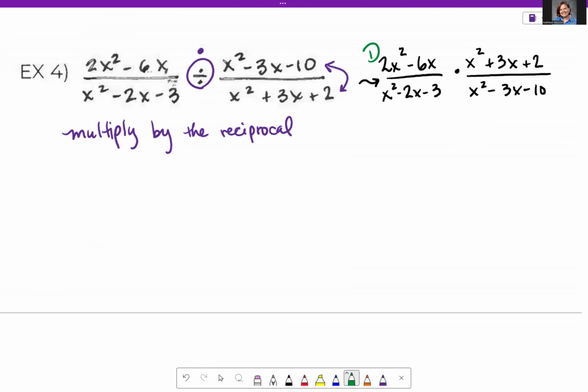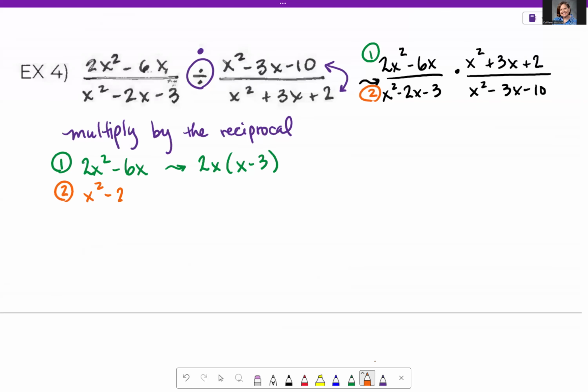First, I will factor 2x squared minus 6x. This can be written as 2x times x minus 3. Next, I'll factor this denominator, which is x squared minus 2x minus 3. When that's factored, I get x minus 3 times x plus 1.